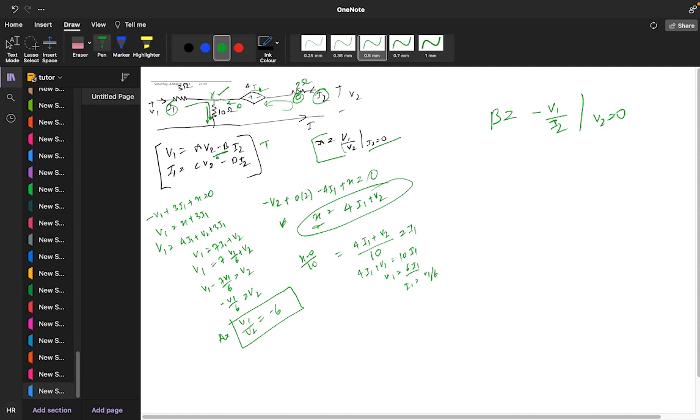Am I correct? Yes, sir. If you do this, that means your V2 is 0. Now the thing is changed. The I2 is not 0.